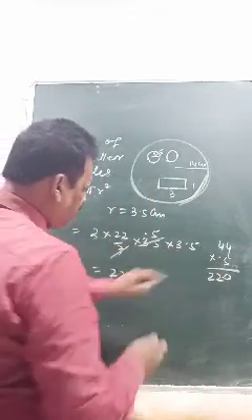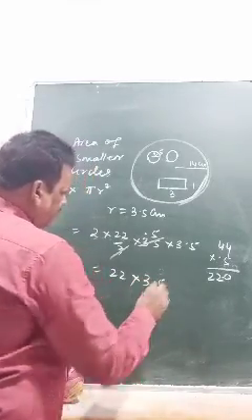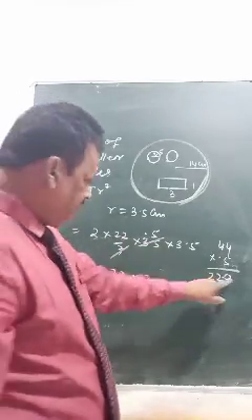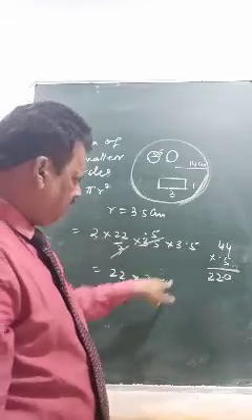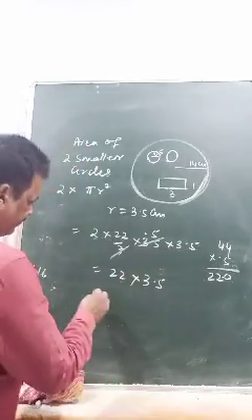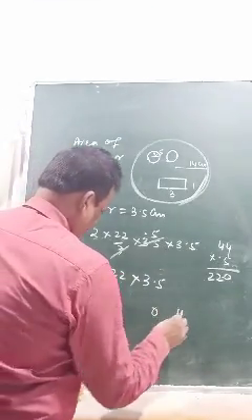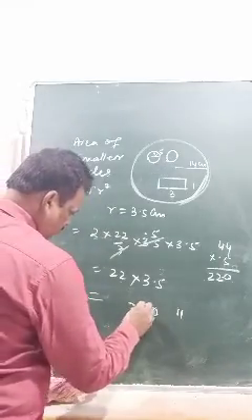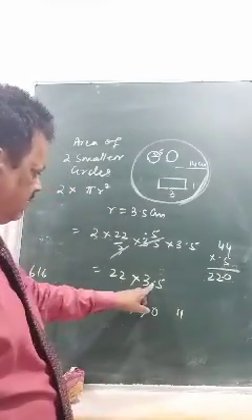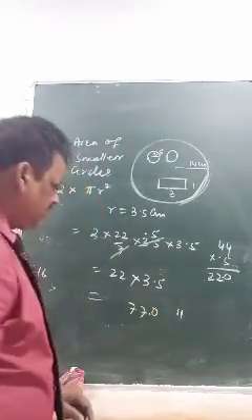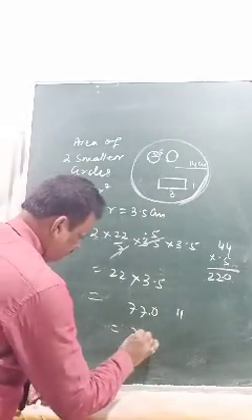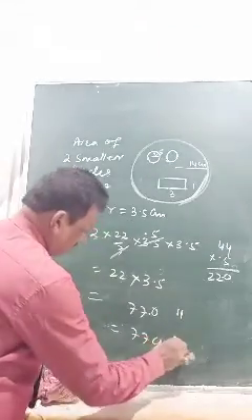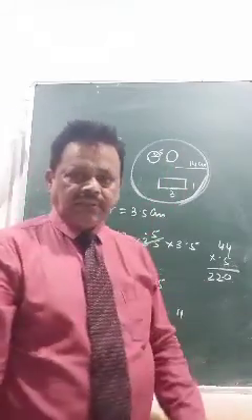Then 3.5. These 3 became 22.0 means 22. Then 3.5. Multiply. After decimal one digit. So this 77. Okay, these two circles they have got.